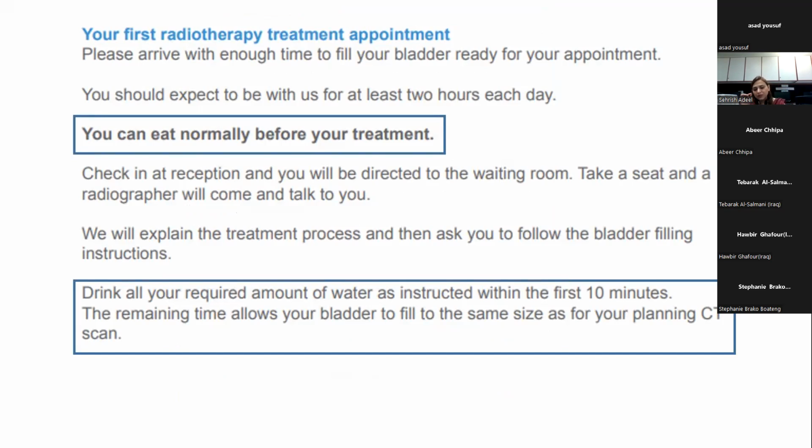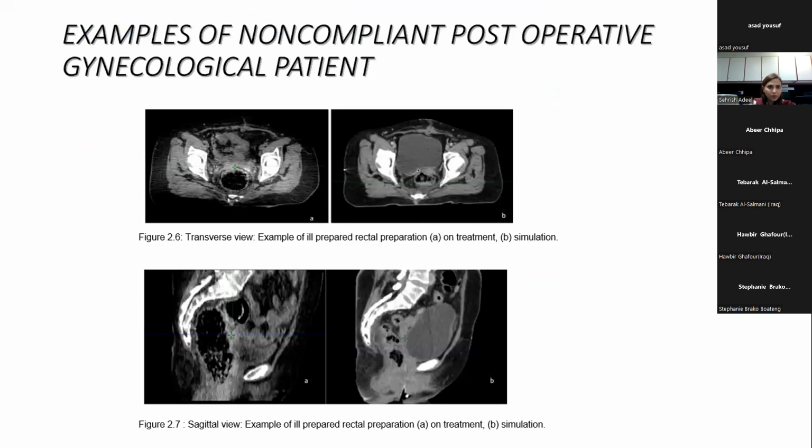So the issue of rectum preparation and bladder filling is very important in pelvic cancer patients. Here you can see these pictures. Picture A is the treatment picture, and picture B is the simulation picture.